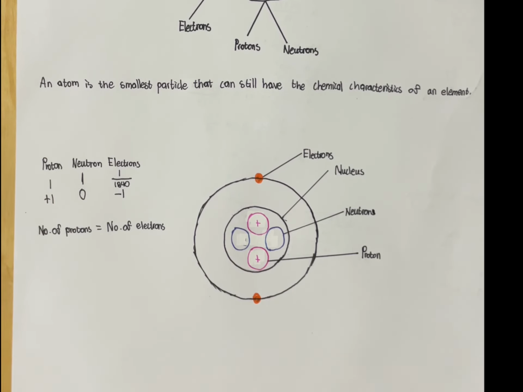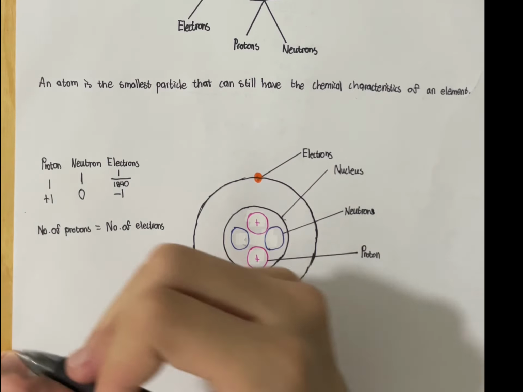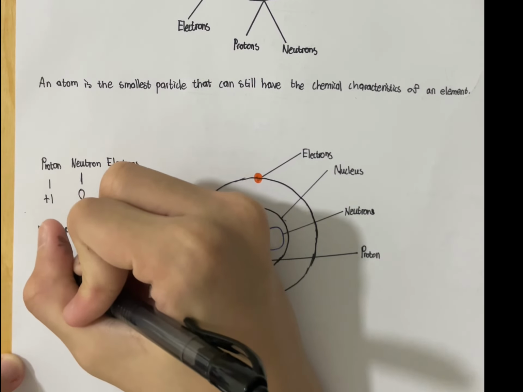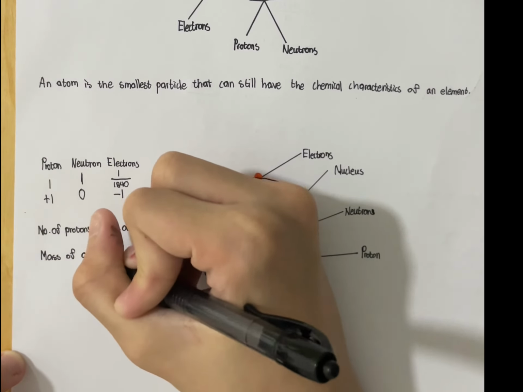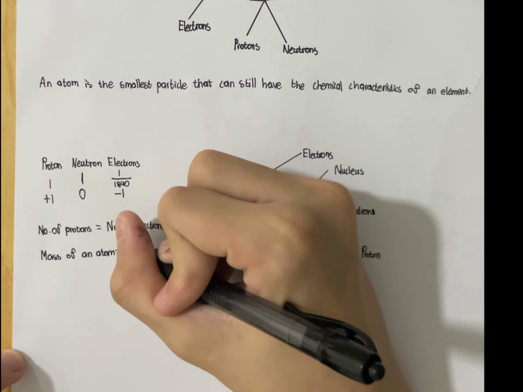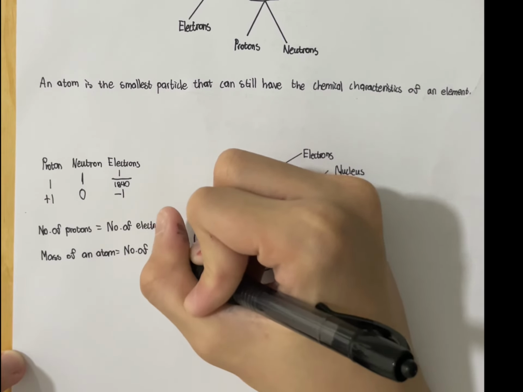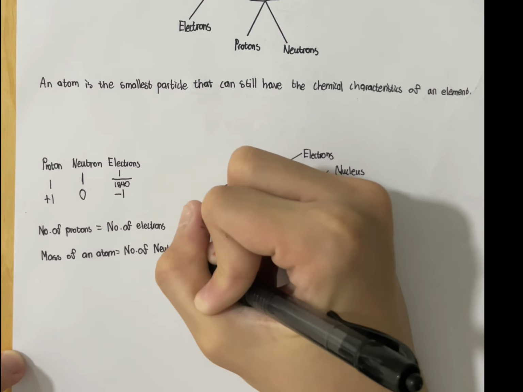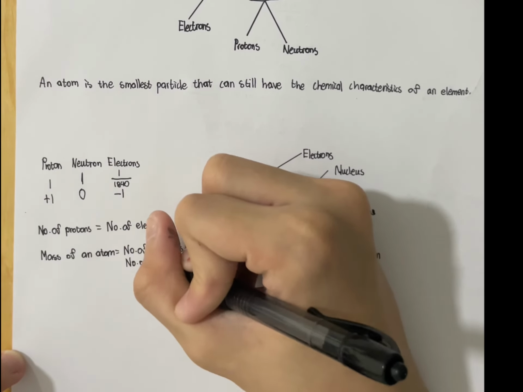So then the mass of an atom will be equal to the number of neutrons plus the number of protons, okay?